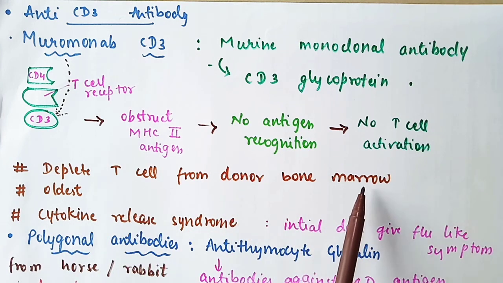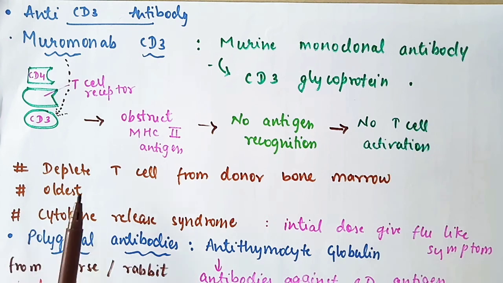This has a great importance, as well as they are one of the oldest antibodies used. Cytokine release syndrome is seen basically when they are given initially, and with the initial dose it was observed they cause flu-like symptoms. But after giving the next doses, it was recoverable.